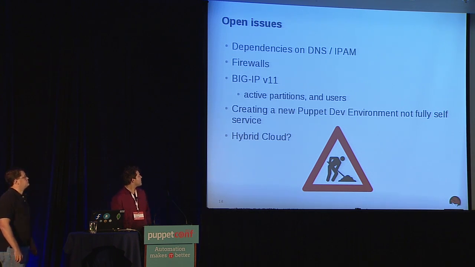The version of the iControl API that the F5 module is written for is version 10. The reason for that is the Viprions that we're utilizing don't support version 11, or at least not yet, but they will in the near future.